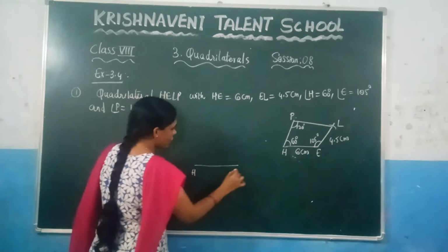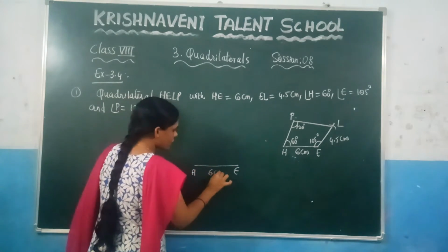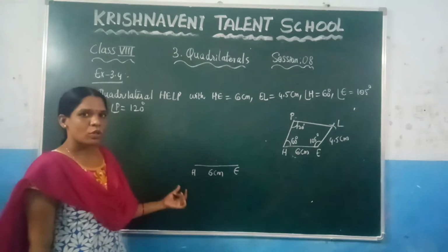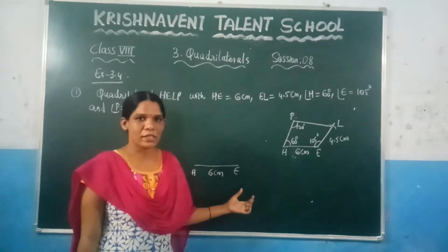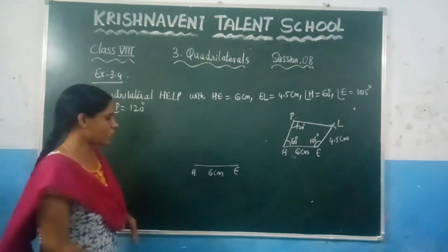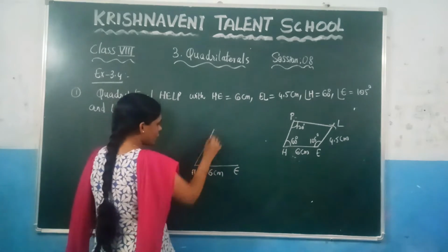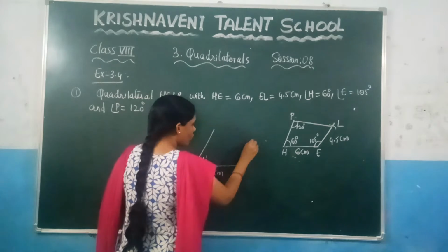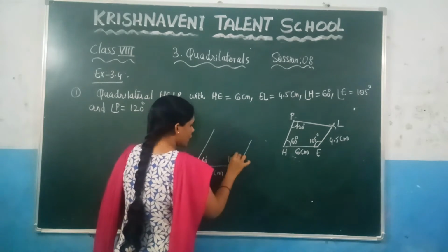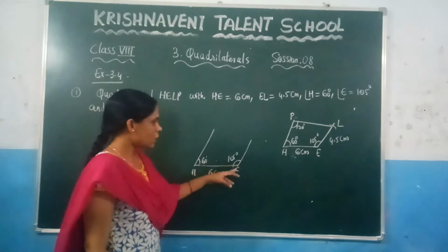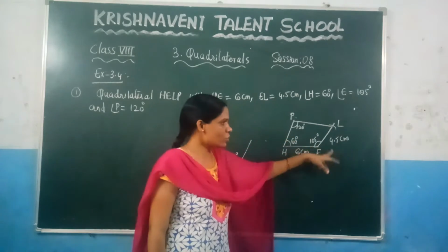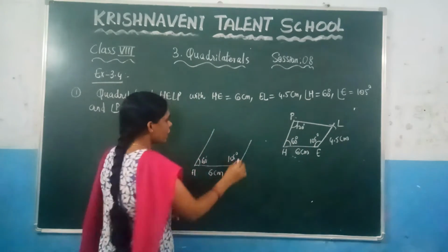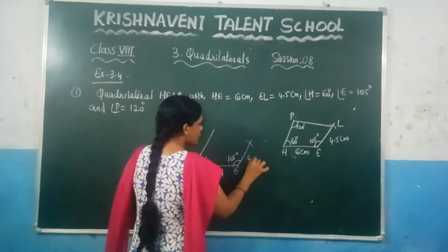First you need to draw HE, which is 6 centimeters, and after that you know angle H and angle E, so you can draw them here. At H draw 60 degrees, and similarly at E draw 105 degrees. And after that you know the length of EL also. So at E draw an arc of 4.5 centimeters.